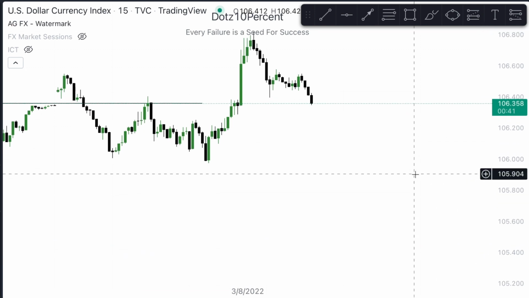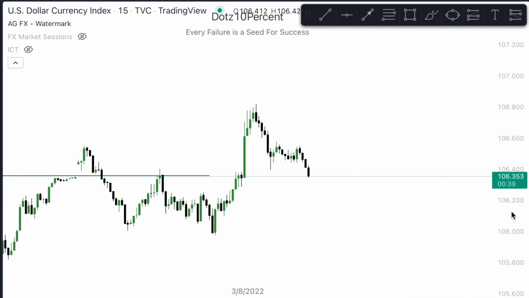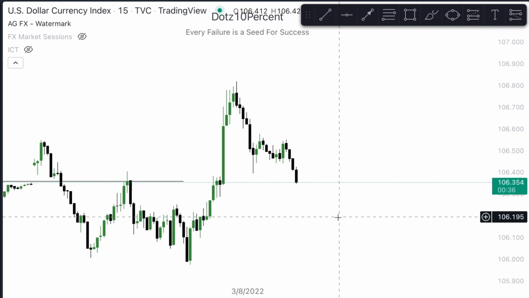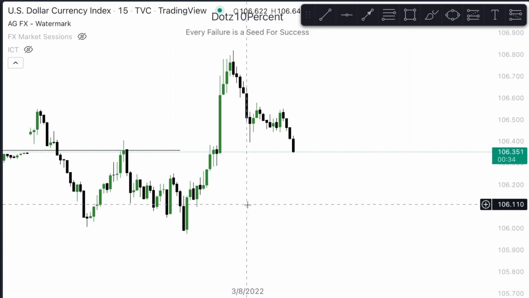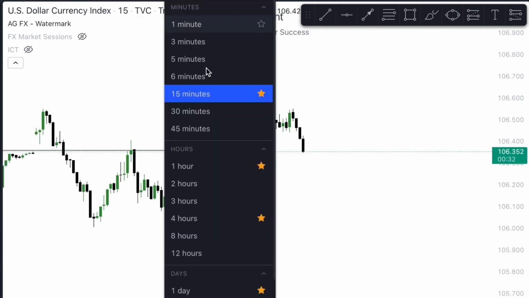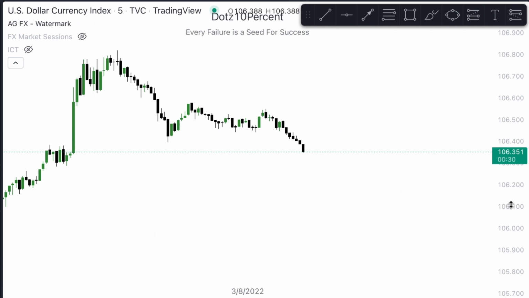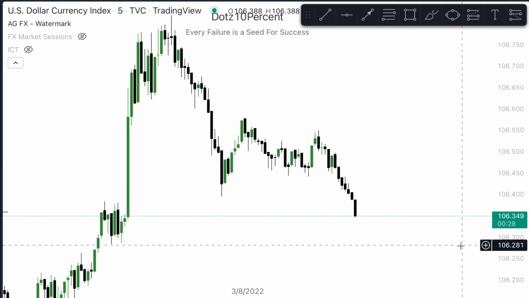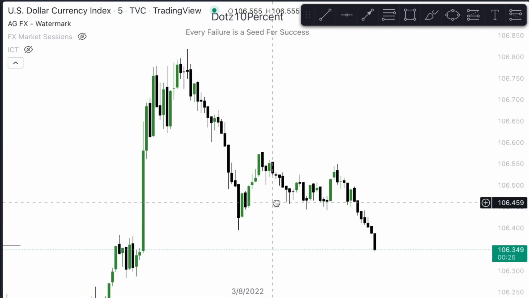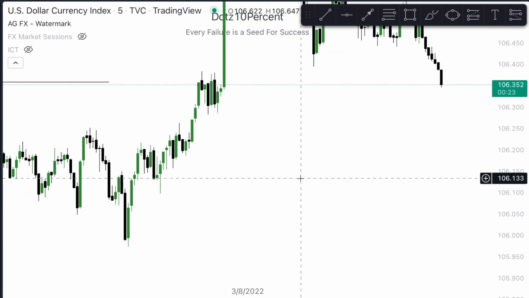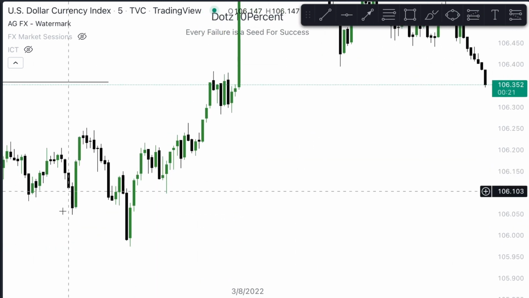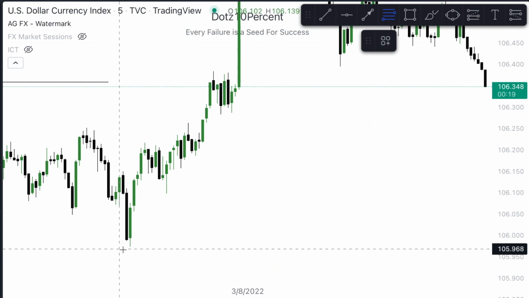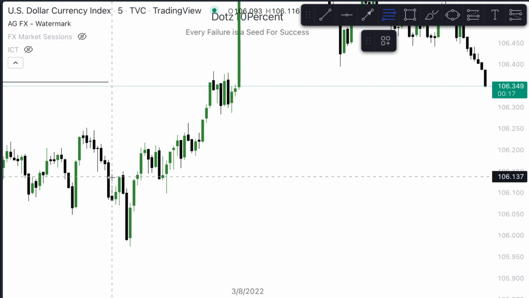So, talking about framing trades, let's come on to a lower time frame. Let's say price was here and we have a market structure shift.